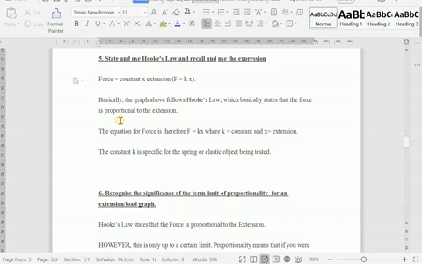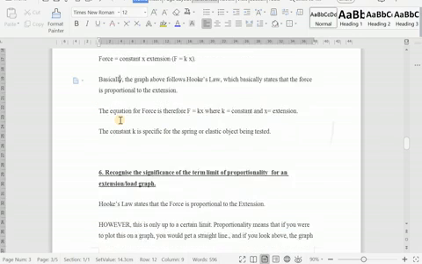Where F represents the force, K, the letter K, represents a constant, and that constant is specific for each and every spring. Each and every different elastic object that you use has its own elastic or spring constant, right? So if it's a spring, it has its own spring constant, which is K, and sometimes we are asked to determine that spring constant.